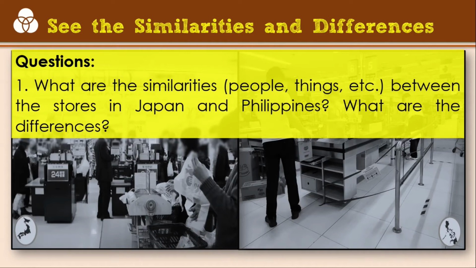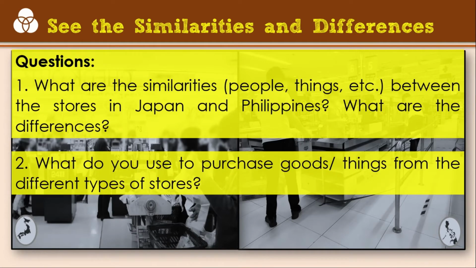And what are the differences? You're able to answer that through the Venn diagram, ne? じゃあ次、2番. What do you use to purchase goods or things from the different types of stores based on our Quizizz activity?